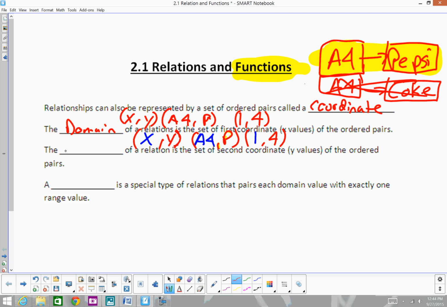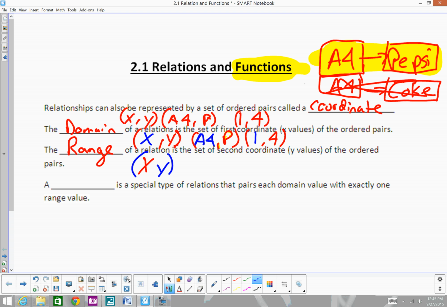Next, the range of a relation is the set of second coordinates, the y values. So it's the opposite of the domain, basically. I'm not talking about my x, but I'm talking about my y's. So now my y is part of my range.